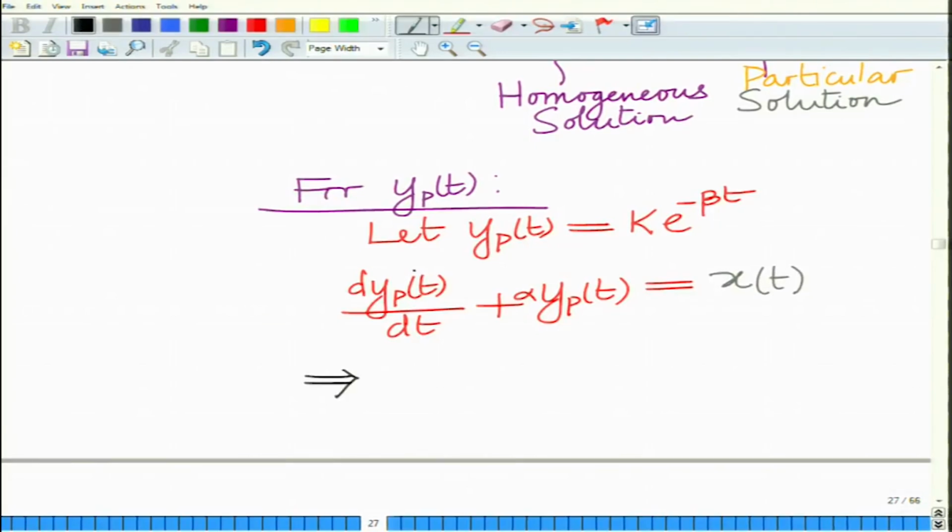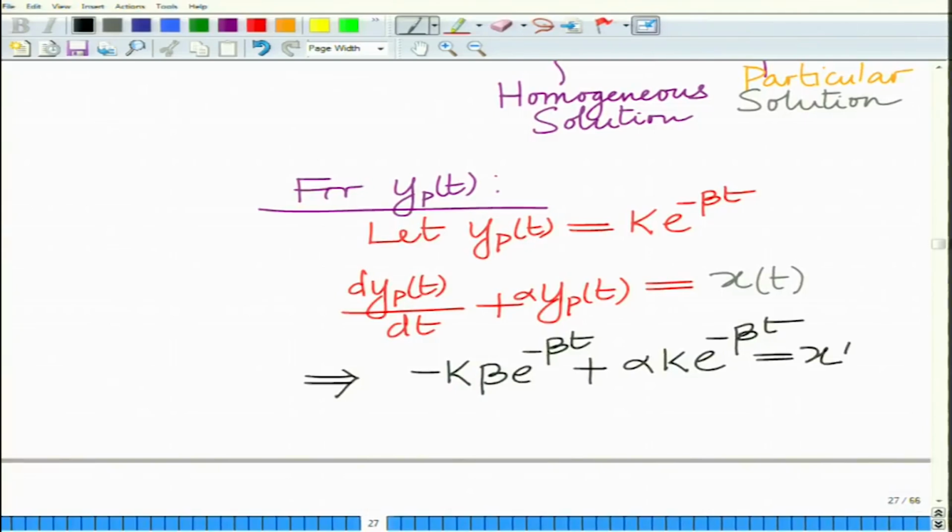This implies dy_p(t)/dt is, you can see, minus k beta e raised to minus beta t plus alpha times k e raised to minus beta t, which is equal to x(t).